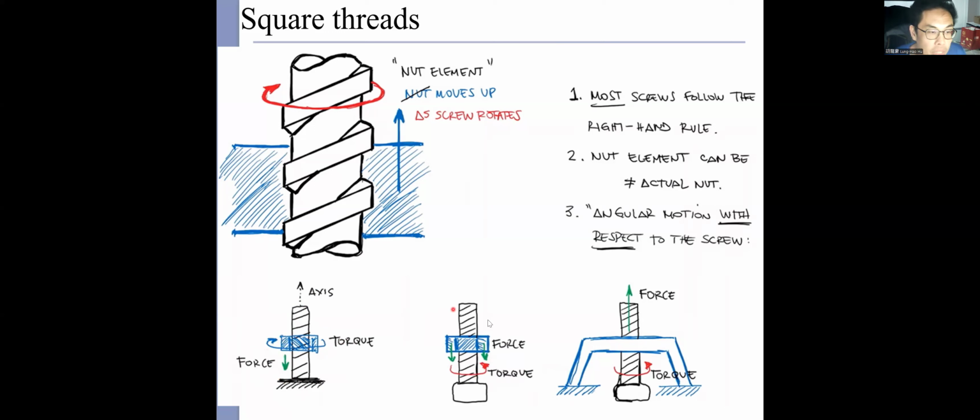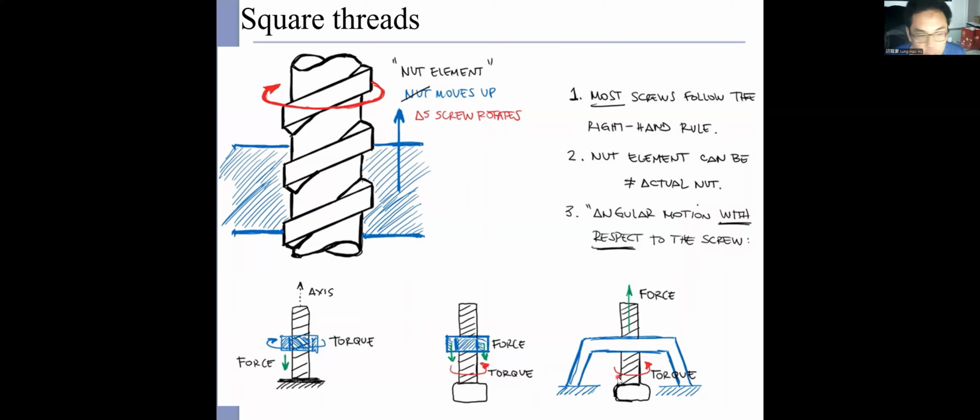And if it's two components, the screw bolt and the nut element are free, and we rotate the screw bolt, this nut element will move down.